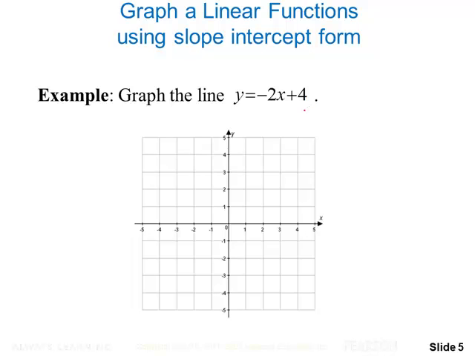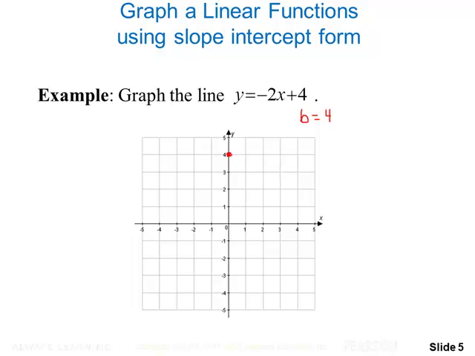So as we follow our steps, the first step has already been done for us. Our equation is in slope-intercept form. The next thing I'll do is plot the y-intercept, which is 4. So on the y-axis, I'll find positive 4, and I'll plot that point.